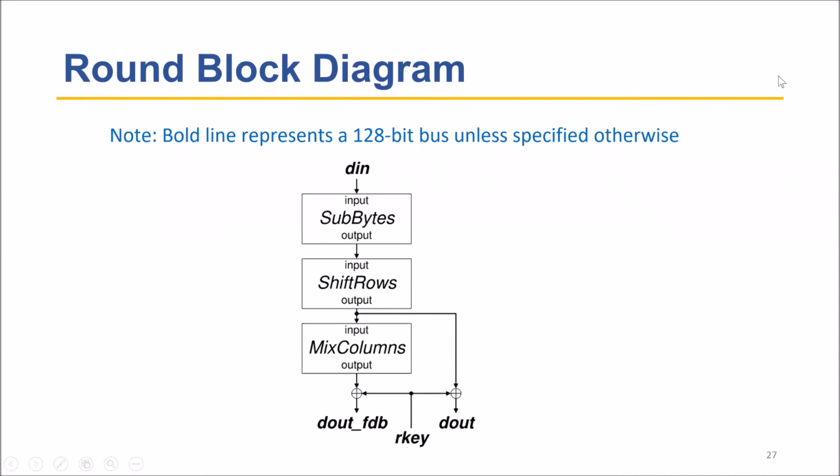Inside the round module, we have SubBytes, ShiftRows, and MixColumns. We can see how the key for each round comes to this module and will be used after MixColumns. How to implement each sub-function is your responsibility, to design them based on their pseudocode.